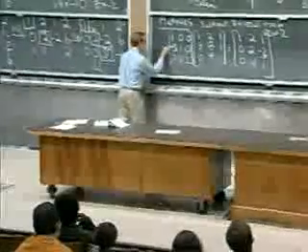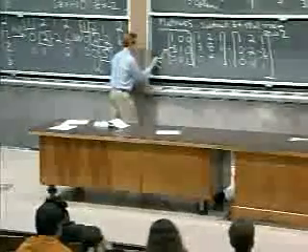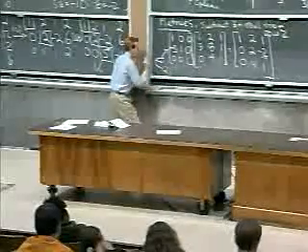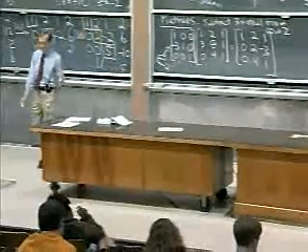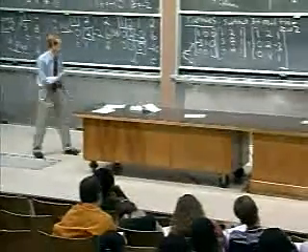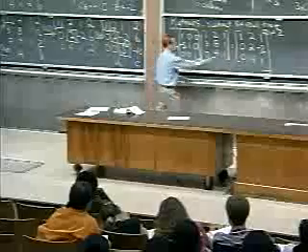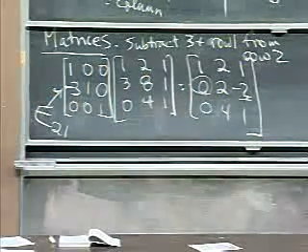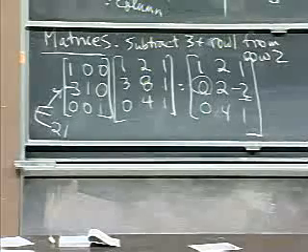Let's call it E for elementary or elimination, and put the index as 2, 1, because it's the matrix we needed to fix the 2, 1 position. It's the matrix that we needed to get this 2, 1 position to be 0.